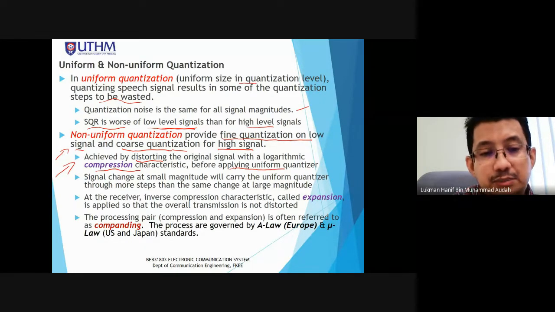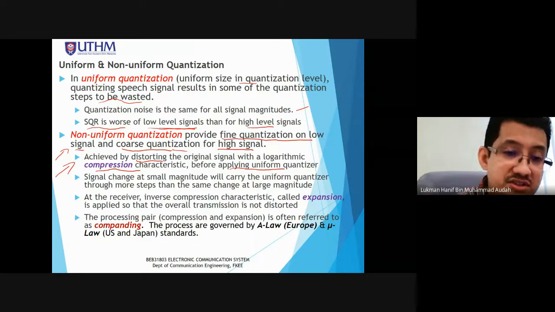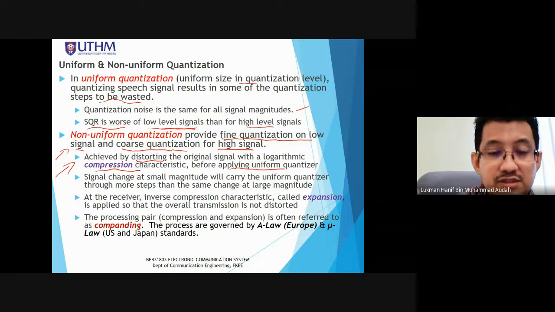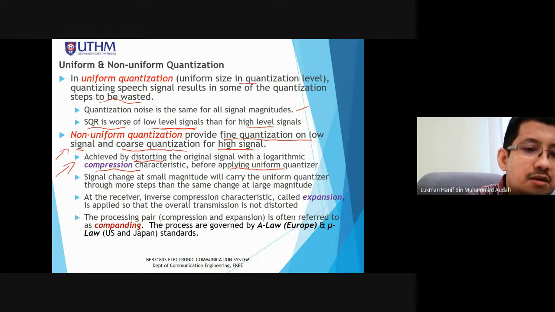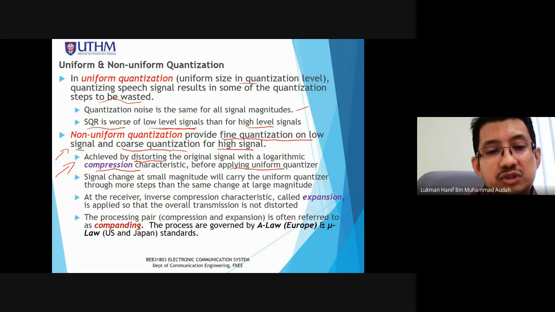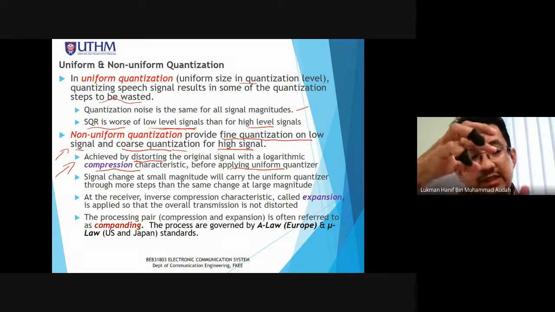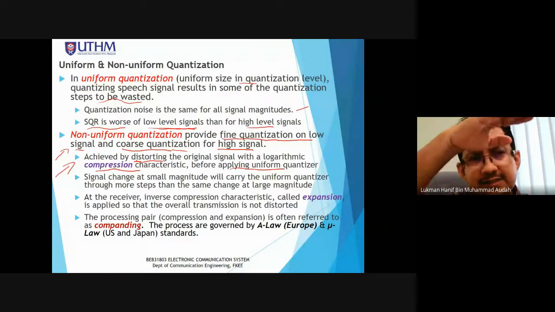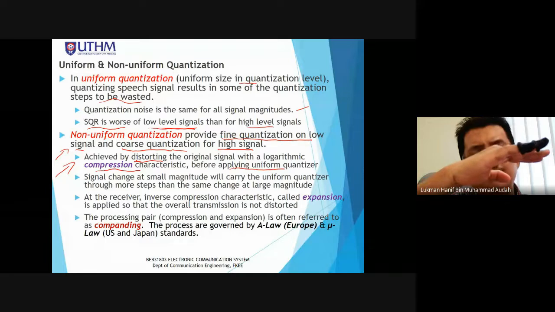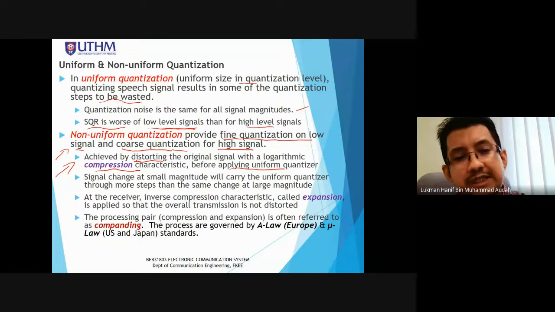Sebelum kita masukkan ke dalam quantizer, kita perlu masukkan ke dalam logarithmic compression system to distort the signal. Distort di sini bermaksud kita mengubah suai signal, ubah suai dari segi amplitudes. Maknanya amplitude itu mungkin kita naikkan sedikit atau kita kurangkan sedikit sebelum kita buat proses quantization.